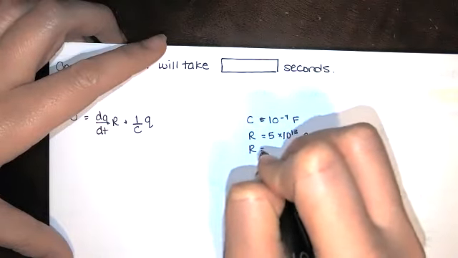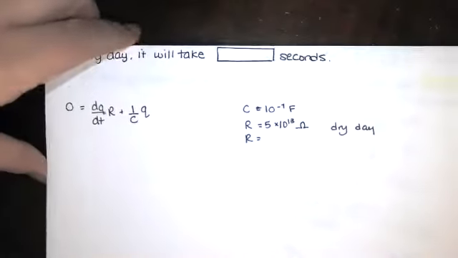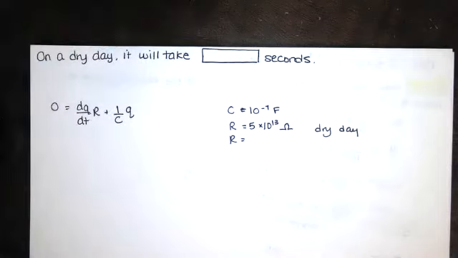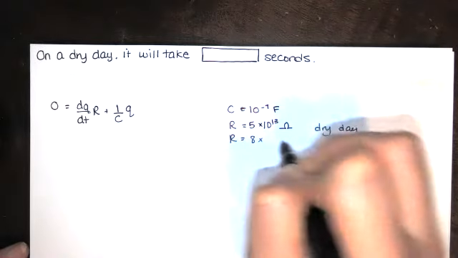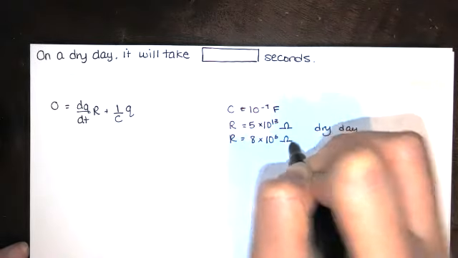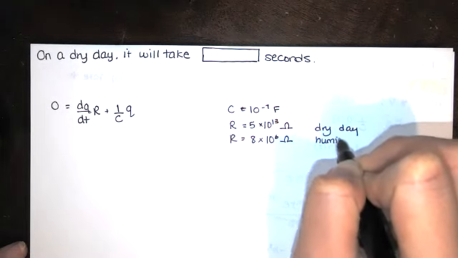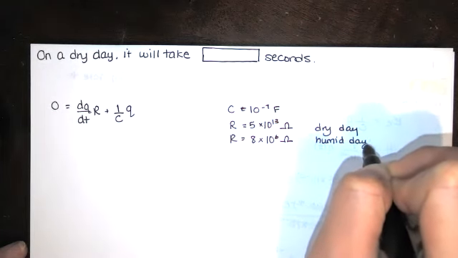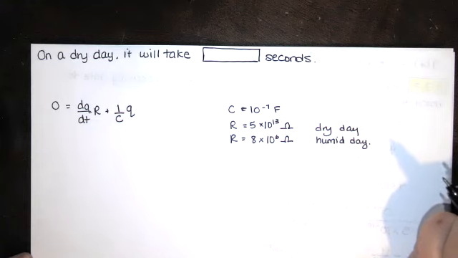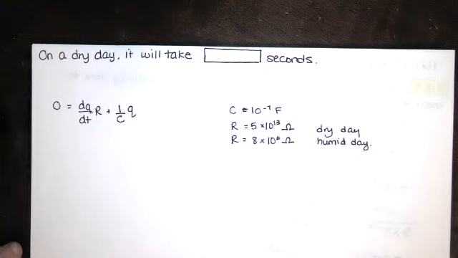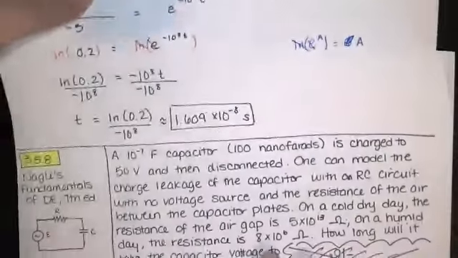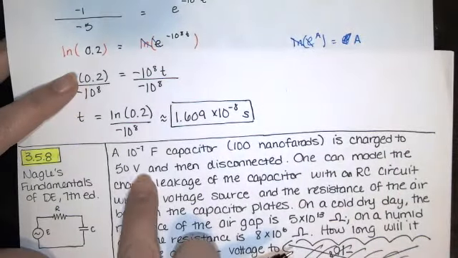And for the humid day, the resistance is 8 times 10 to the 6 ohms. And we are told that the capacitor is initially charged to 50 volts.